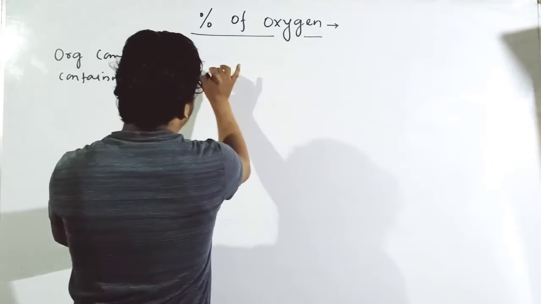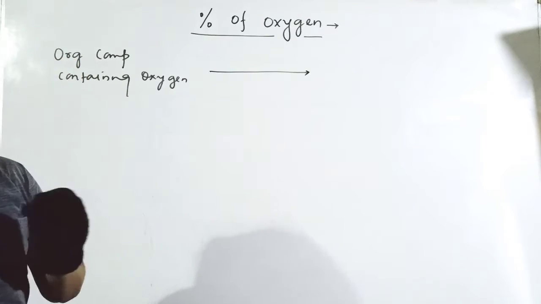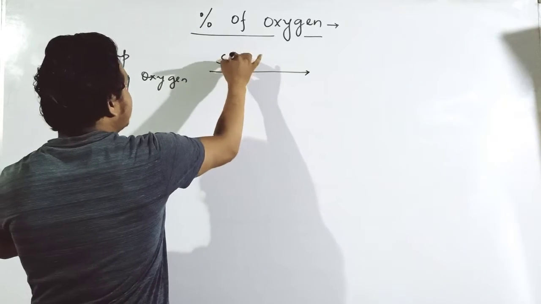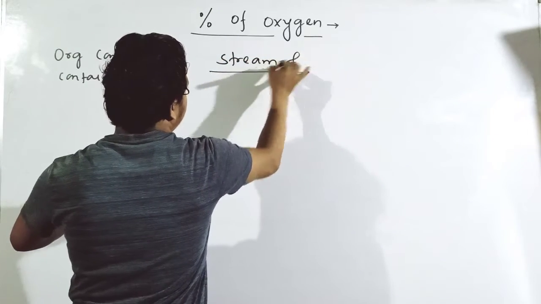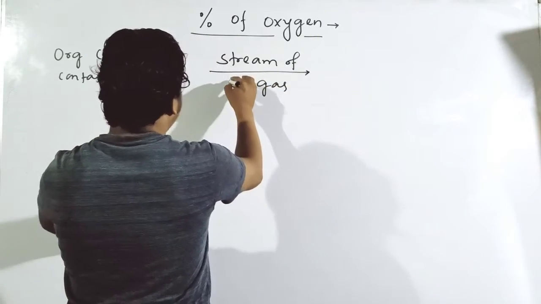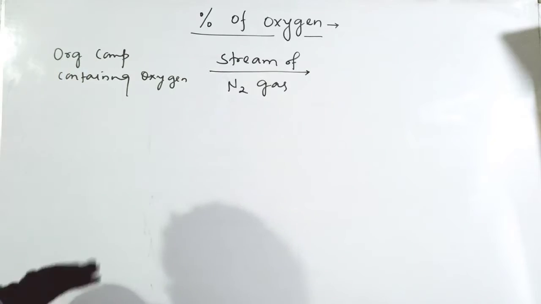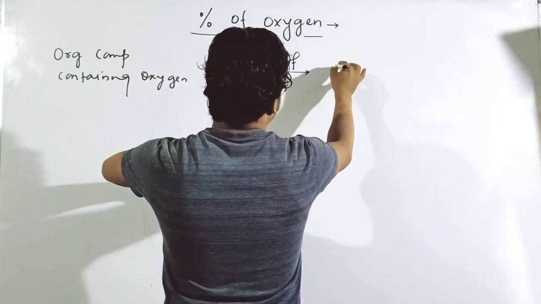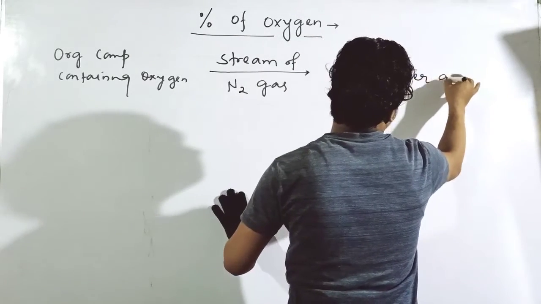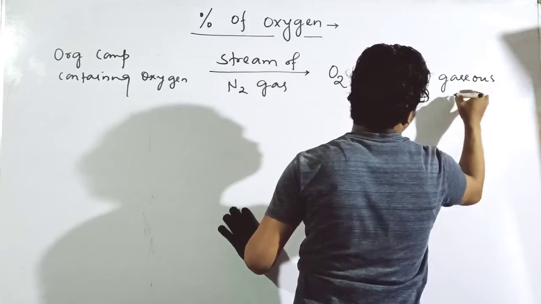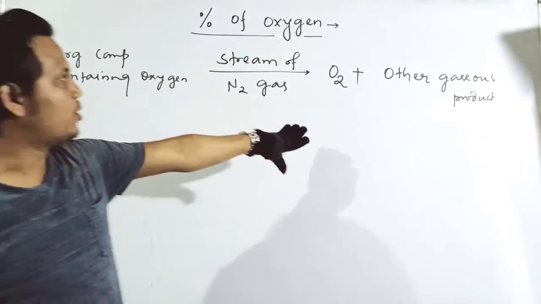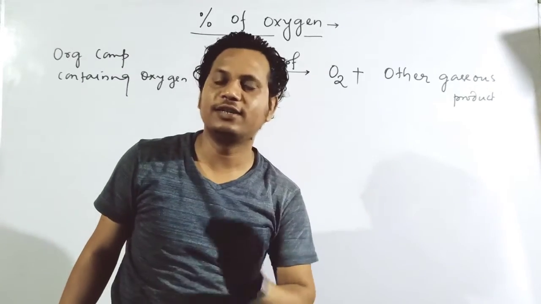This organic compound containing oxygen is passed through a stream of nitrogen gas. A large amount of nitrogen gas is given, and the compound converts into oxygen and other gaseous products.